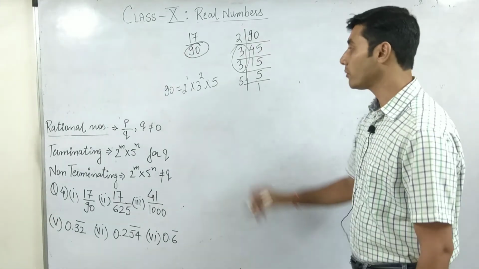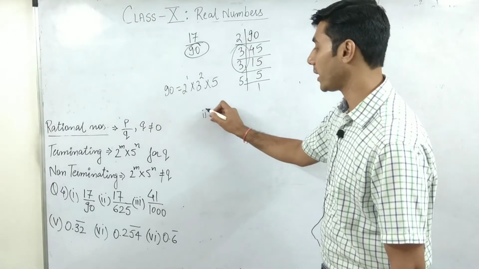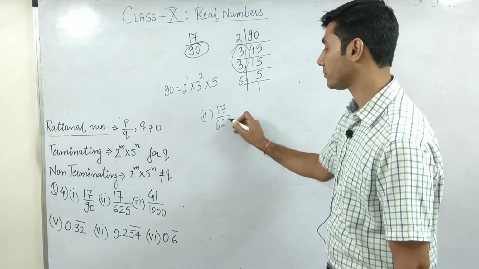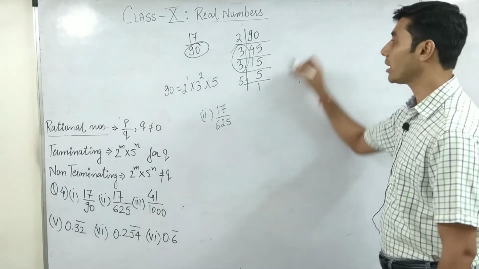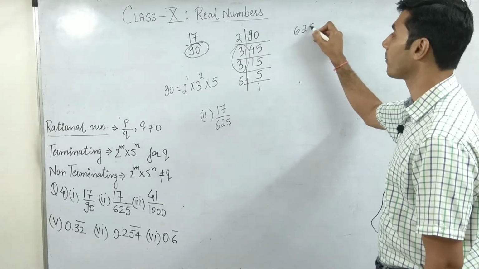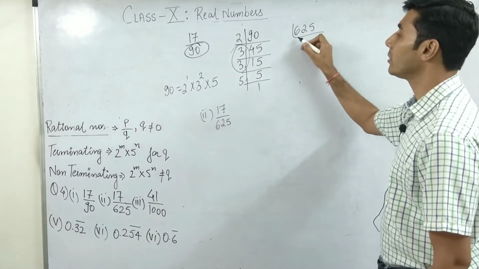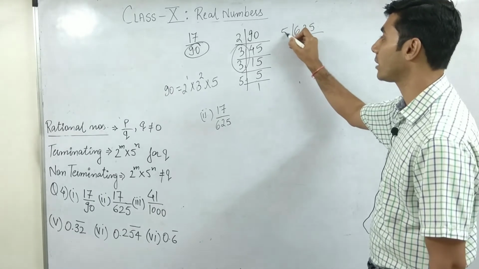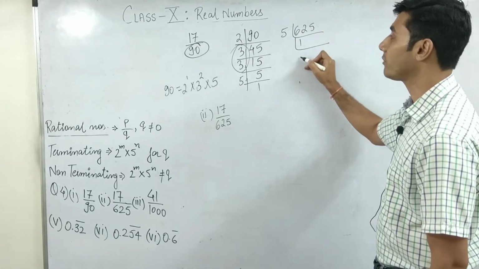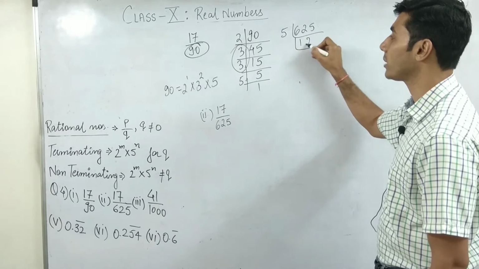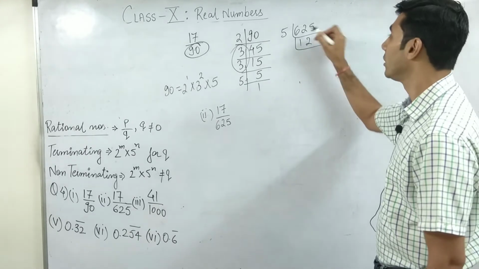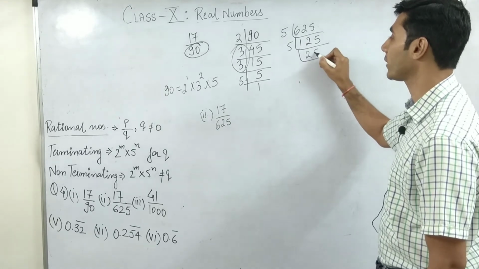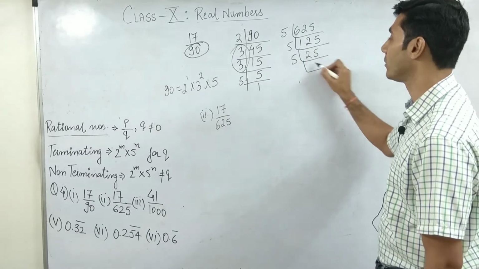Okay, let's move on to the next question, and that is 17 by 625. Let's check with 625. 6, 7, 8 and 5 is 14, so the divisibility check for 3 failed. So let's start with 5. 5 ones are 5, 5 twos are 10, 5 fives are 25, and so on.